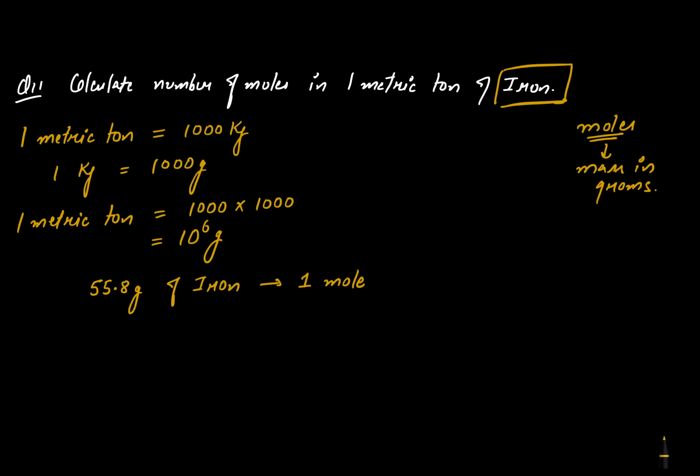Then 10 raised to the power 6 gram of iron will have 1 divided by 55.8 into 10 raised to the power 6. My number of moles in 10 raised to the power 6 gram of iron comes out to be 1.79 into 10 raised to the power 4 moles. So I got this much number of moles.